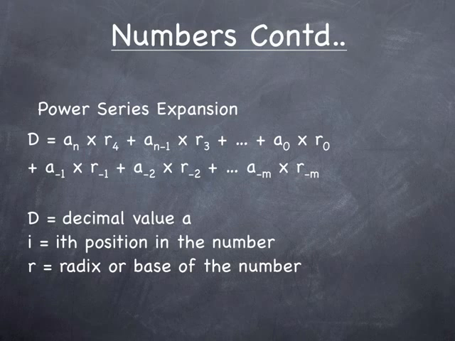So if we know the radix or base, we can always expand. We know the decimal position, that is A0 into R0, right, and so on. R1 and so on, usually like this. So I can represent any number system in this general form, very general.